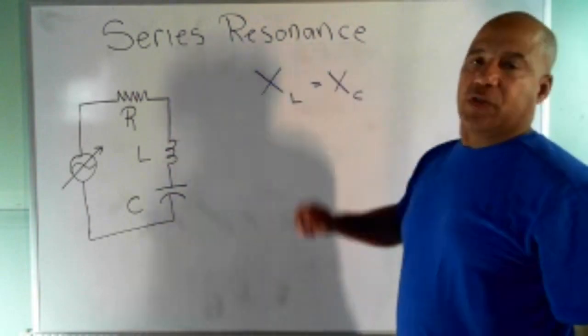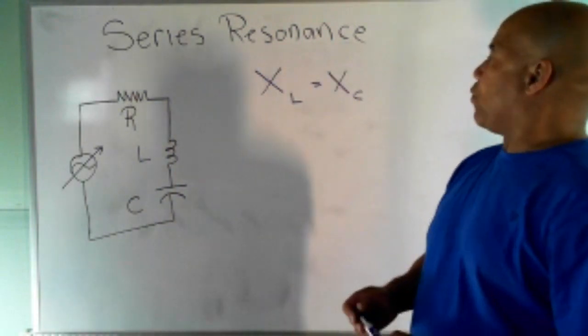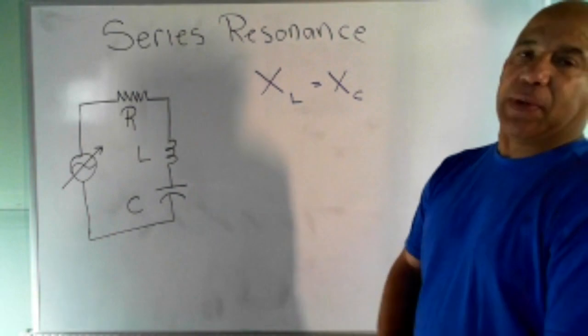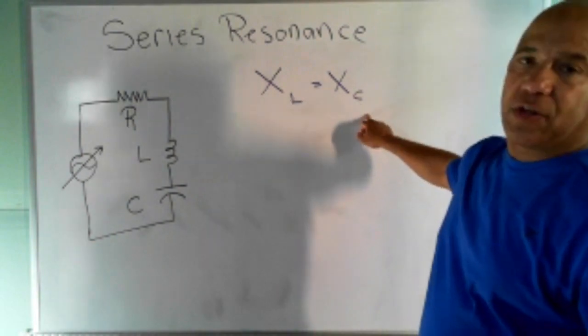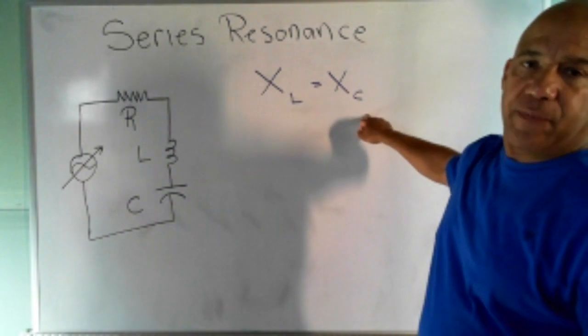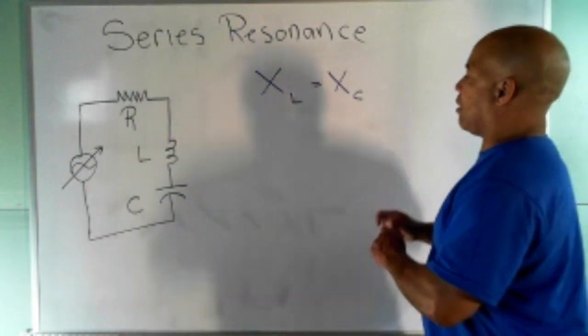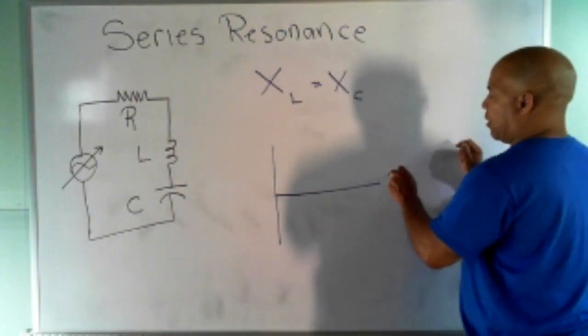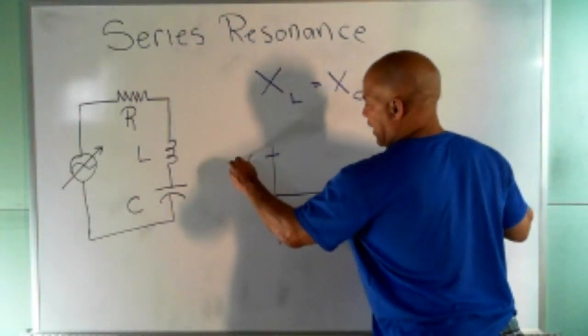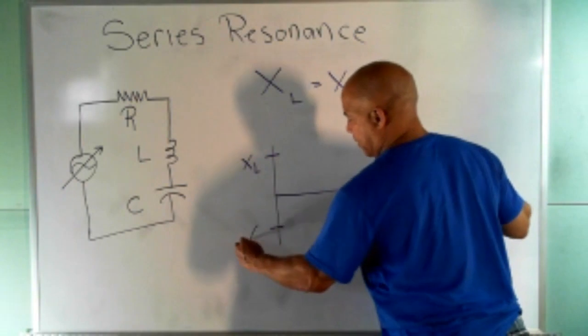For a particular circuit, the resonant frequency is defined to be the frequency at which the two reactive components, the inductor and the capacitor, have an equal ohmic value. On our impedance diagram we know there's R, there's XL, there's XC.